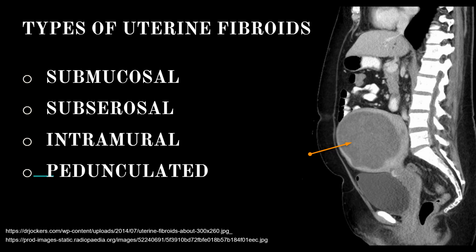The intramural develops inside the uterine wall and may make it larger, or the female may feel very bloated. The pedunculated fibroid usually has a stalk, or the fibroid hangs from this connection to the inner or even the outer uterine wall. And you'll see this term pedunculated also in the ovarian cyst category.